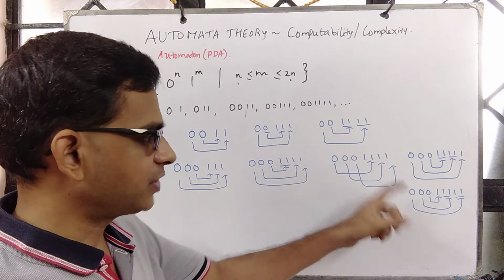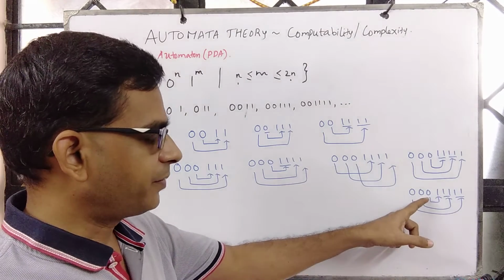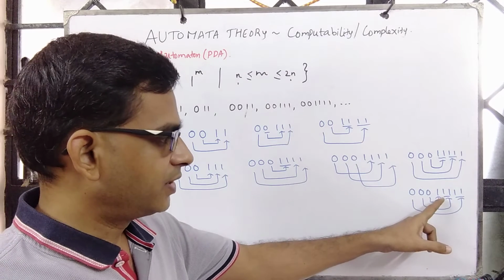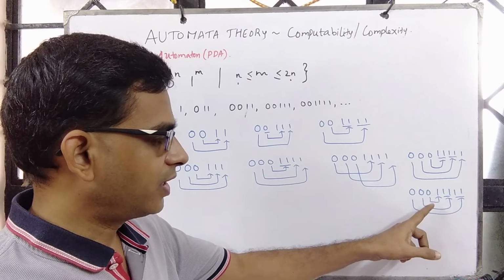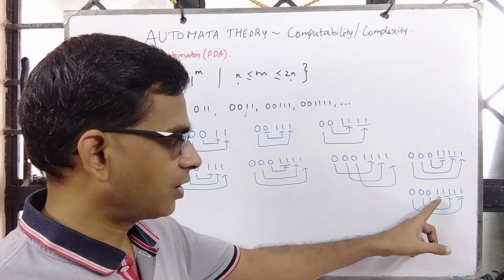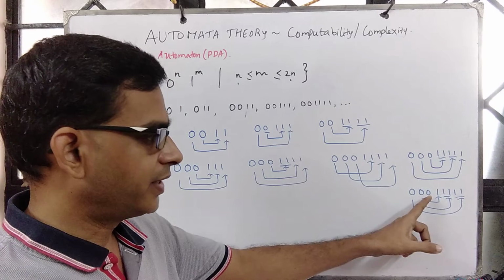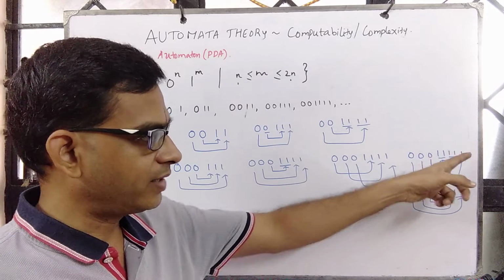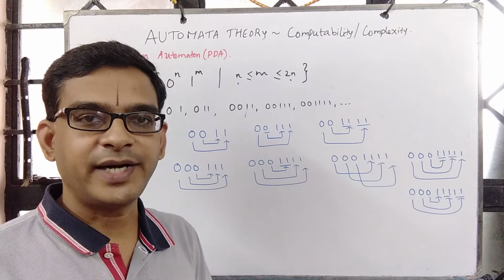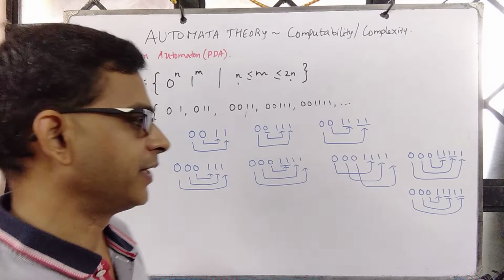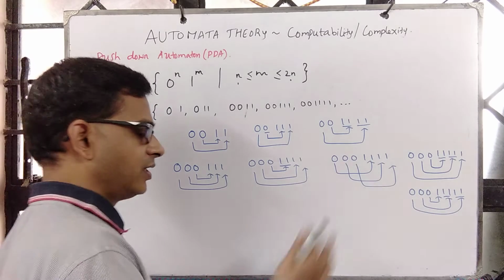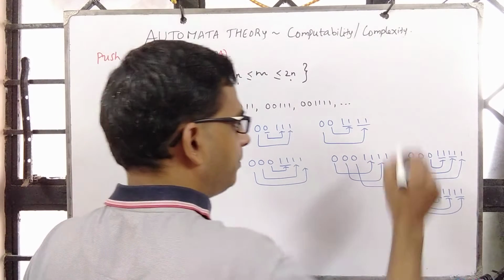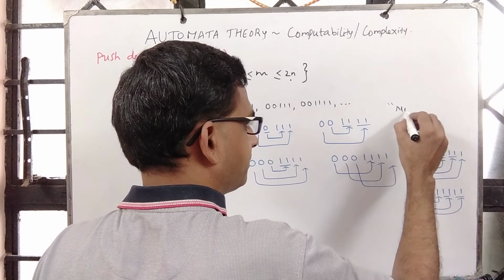There are many possibilities. The automaton can think of this scheme: let's associate 1 1 for this 0, later 2 ones, or maybe 2 ones now, later 1 1. So some kind of guessing is happening. Should I go for this or this? So that brings non-determinism.